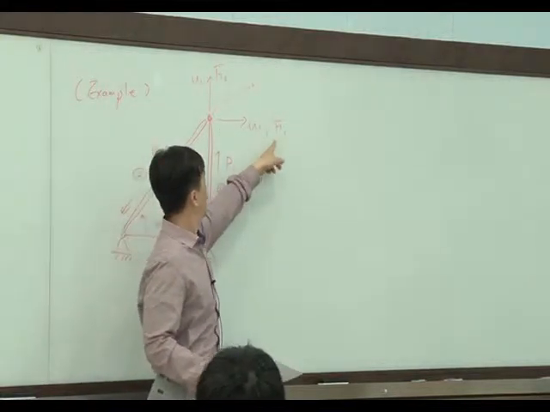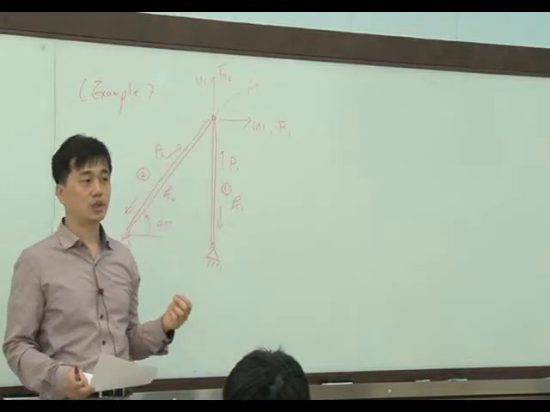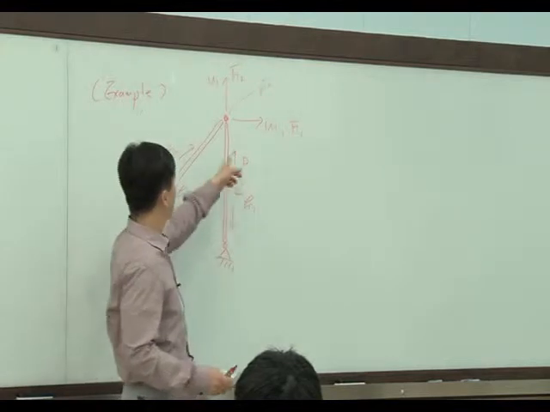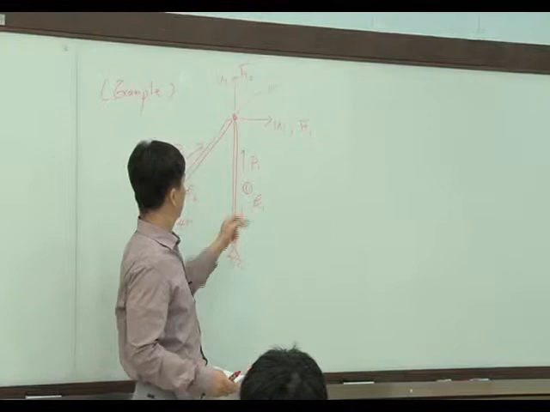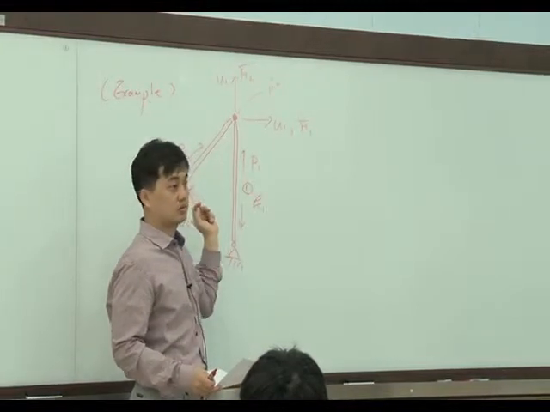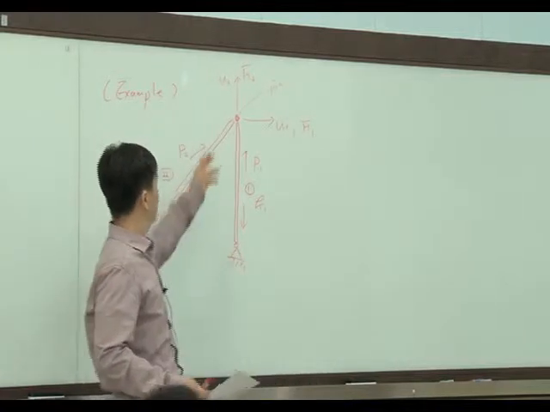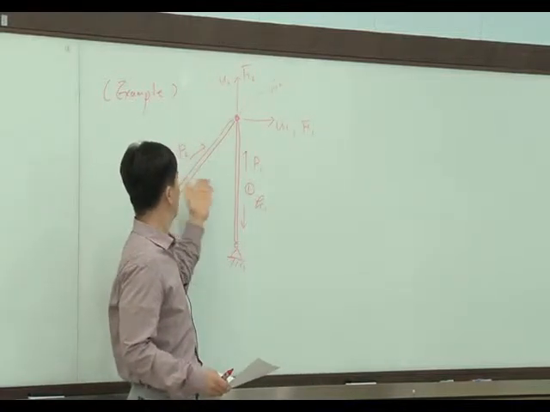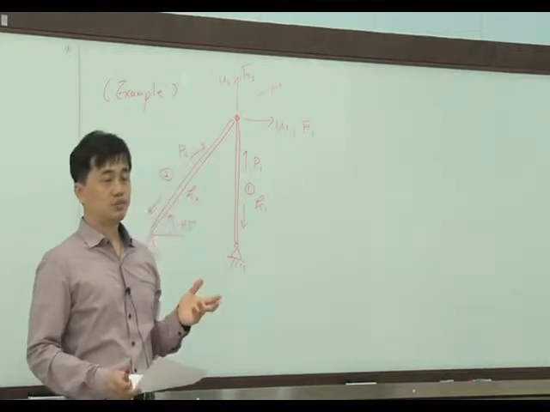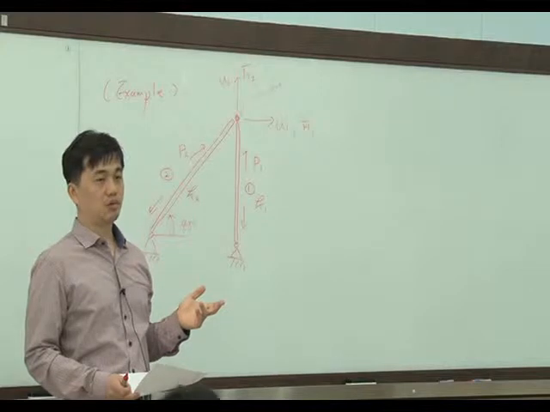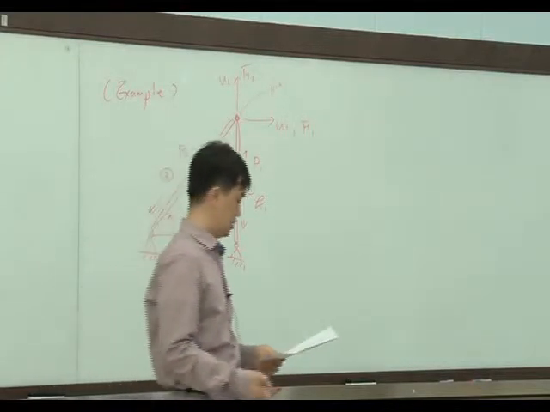So F1, F2 are the externally applied forces. What we need to do is to calculate U1, U2, and P1, P2. Those are unknown. Once we calculate U1, U2, we can calculate P1, P2. So now let's use the displacement-based method. The main unknown is U1, U2 that we need to calculate.